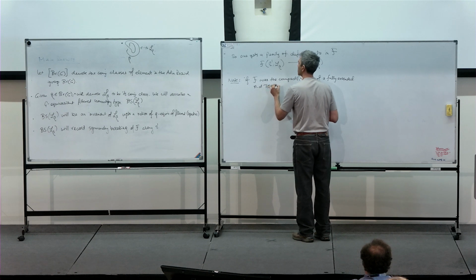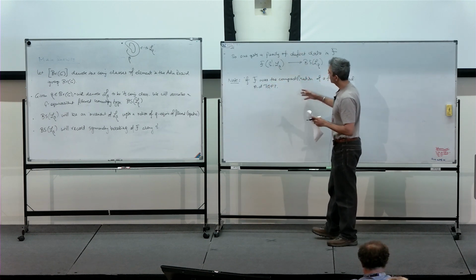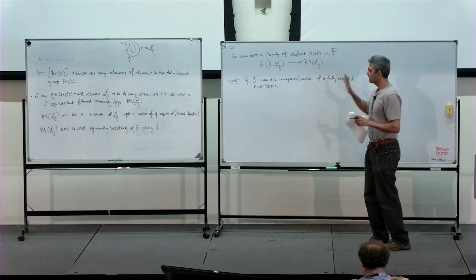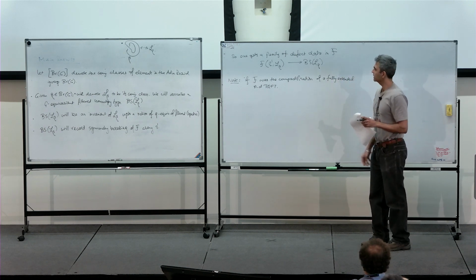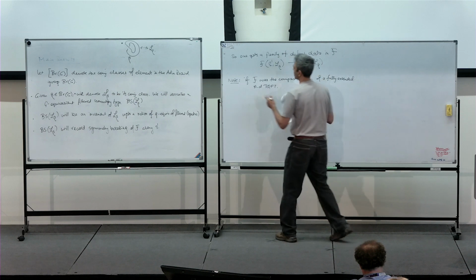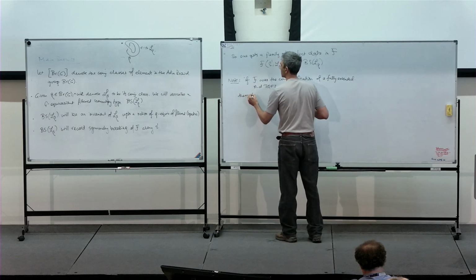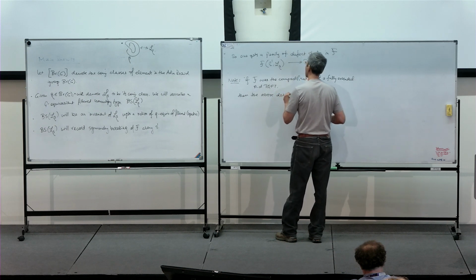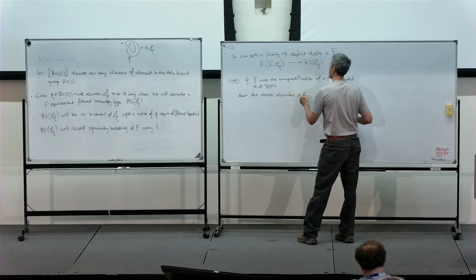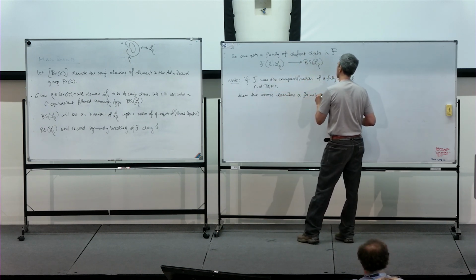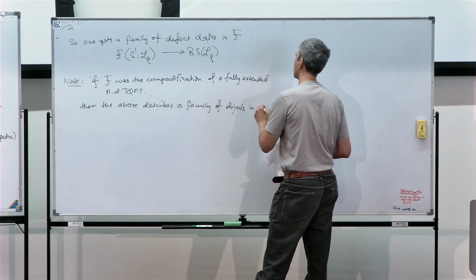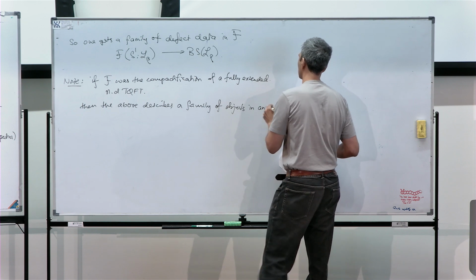So remember, we started off with an ND field theory. Let's say it was a TQFT, and let's say it was fully extended. Then what this is, then, is a family of objects in an n-2 category.